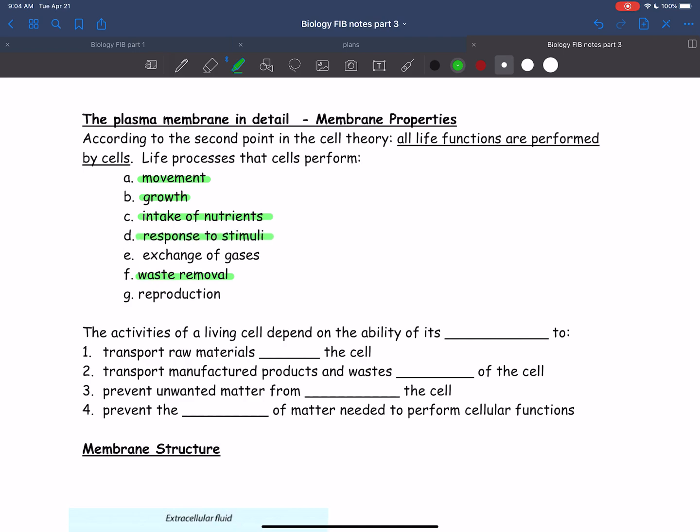Responses to stimuli, we're going to see that cell membranes have proteins on the surface that act as receptors. And so sometimes when certain chemicals are released by the cell, those proteins will serve as receptors. They will sense those chemicals and they will cause a response.